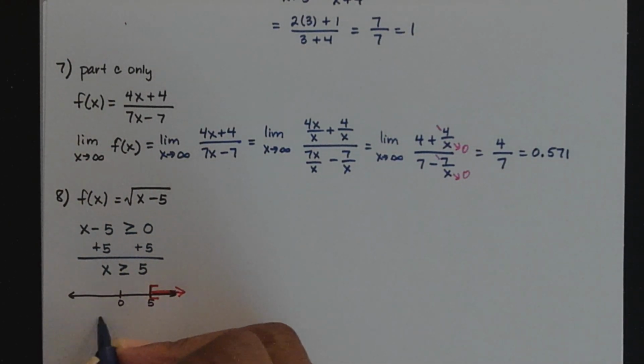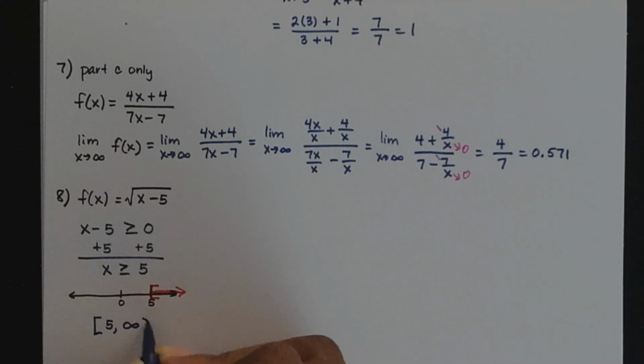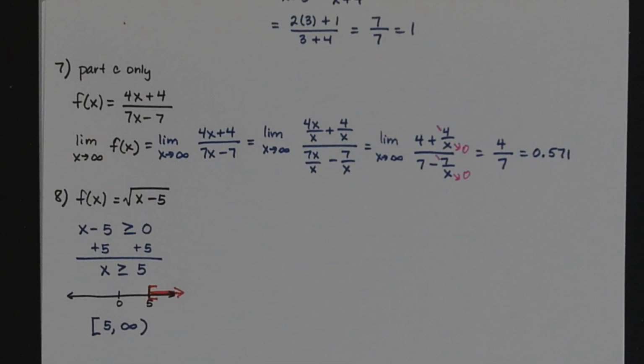So that means the interval would be from 5 on to infinity. From 5 on to infinity would be the values of x that would make that radical function continuous. Okay, questions on number 8?